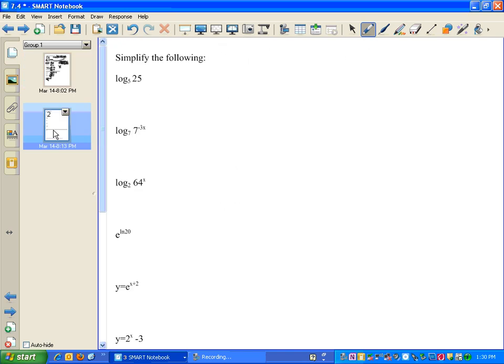Okay, so now we're going to simplify this. So we kind of want to think about setting these equal to x or y, or we'll make it y. Since I have x's in some of the problems, we'll change it to y so we don't get confused. Okay, so we're going to rewrite it in exponent form to help us see what this answer or what this exponent is supposed to be. I'm saying 5 to the y equals 25. That means 5 to the y equals 5 squared.